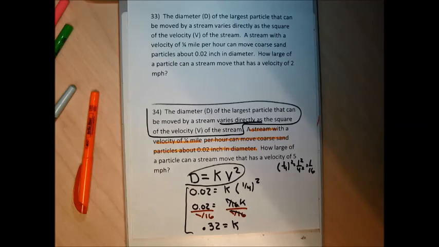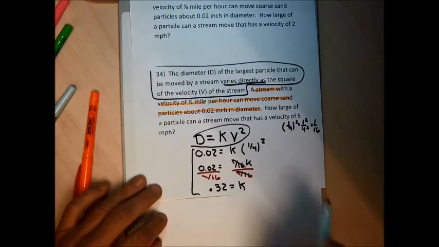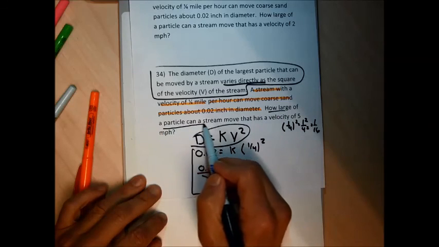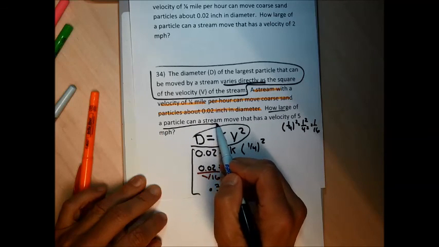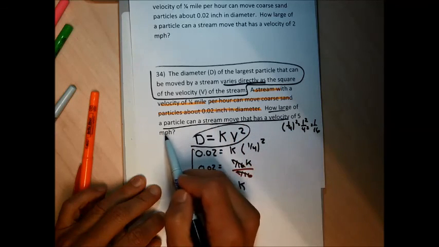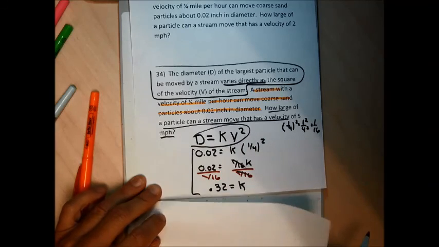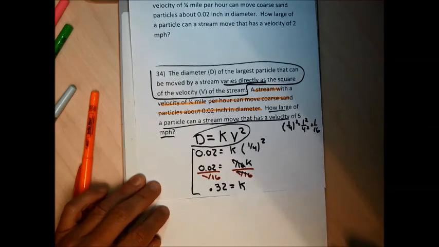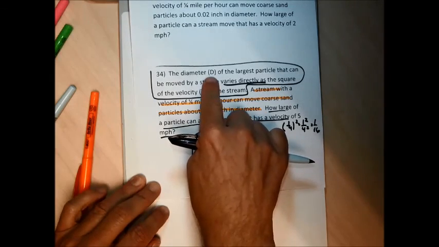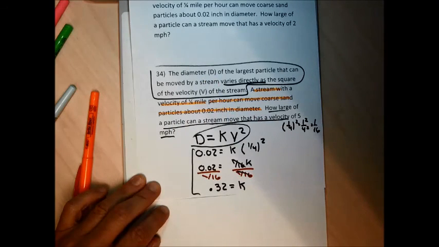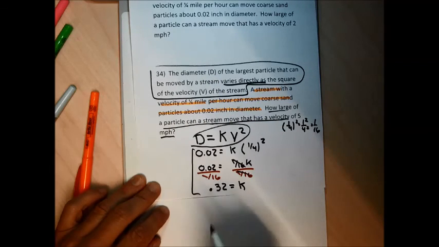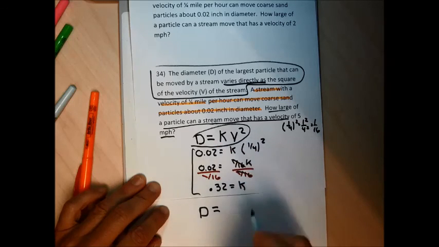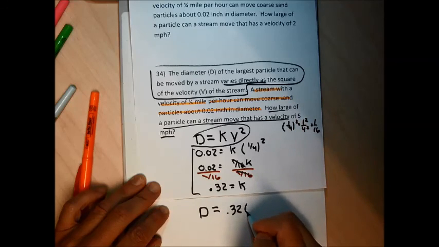Third sentence, how large of a particle can be moved? How large of a particle can a stream move that has a velocity of 5 miles per hour? D is what I'm solving for. D is the diameter of the largest particle that could be moved, so I'm finding its diameter. I'm using 0.32 for k, and I'm putting 5 in for the v.